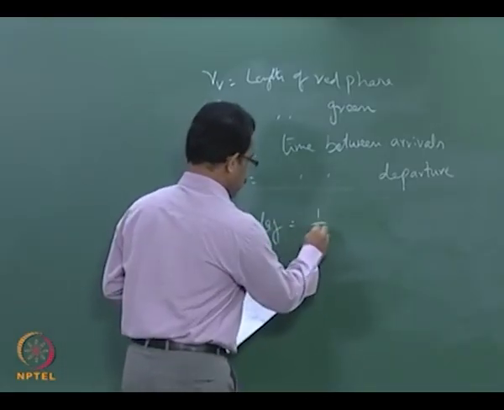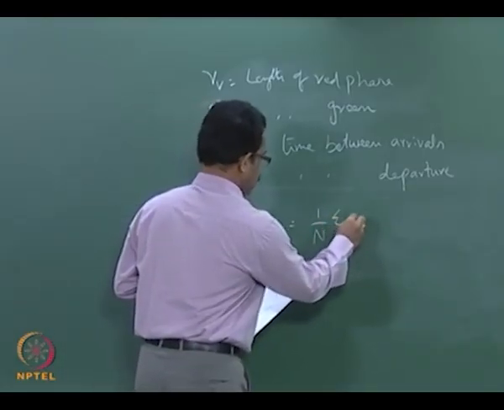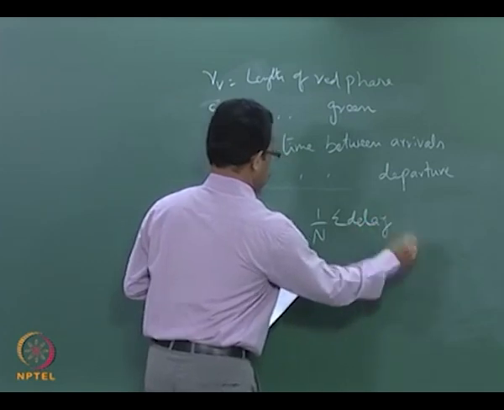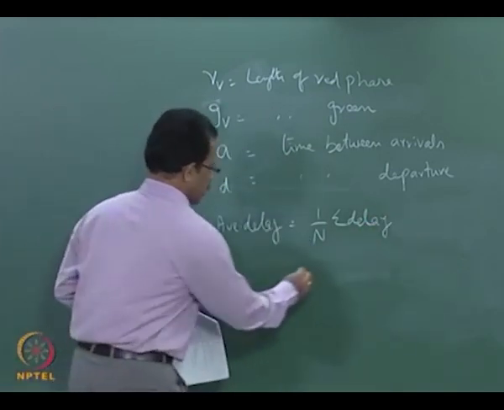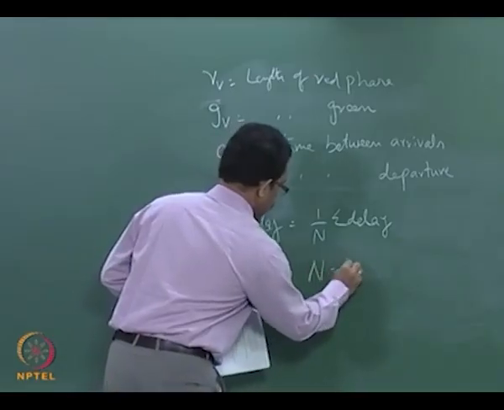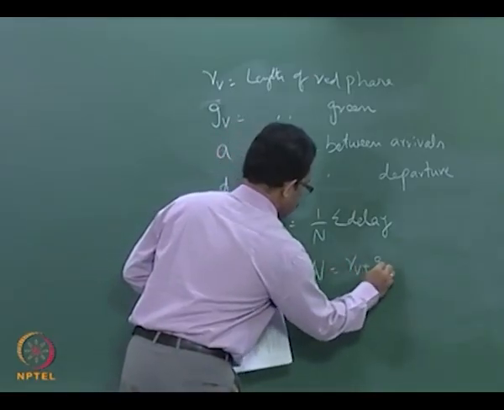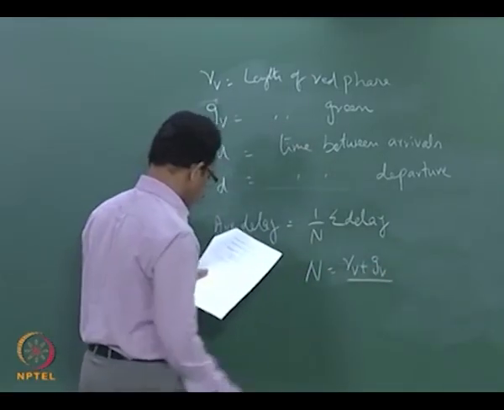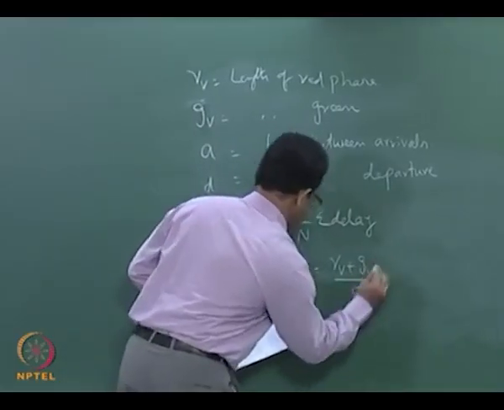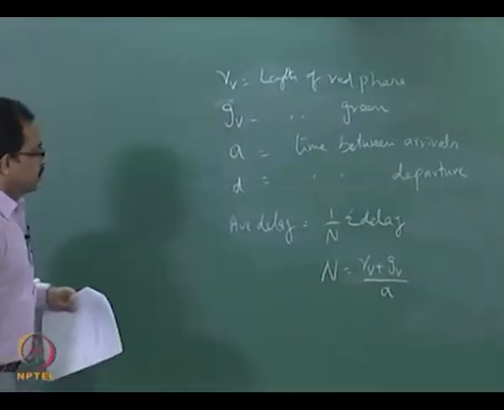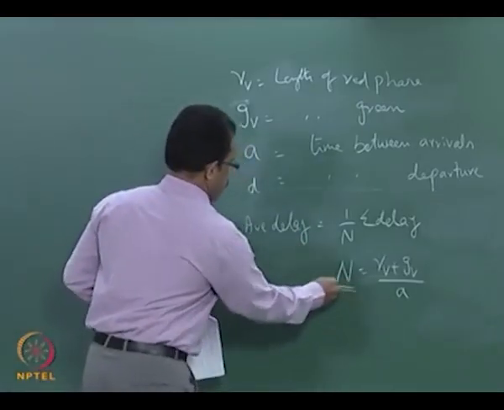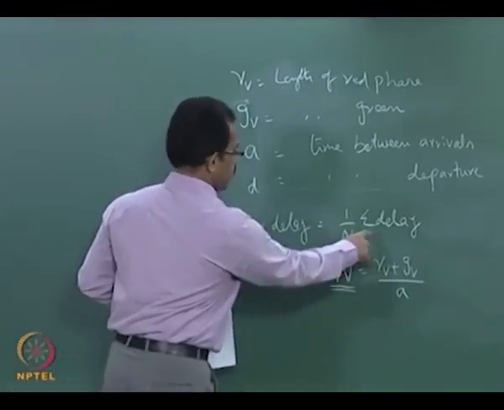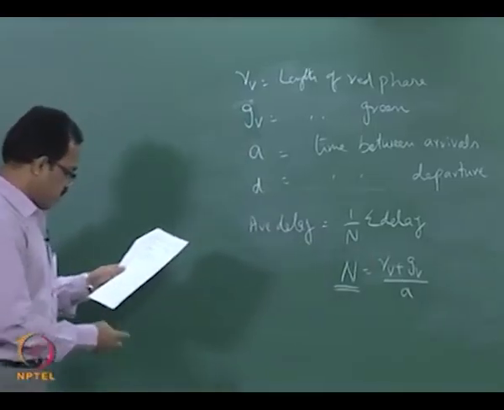Now if you want to find out the average delay, it is 1 over n sigma delay, that is the total delay divided by n, where n is the number of vehicles, which will be equal to RV plus GV divided by A. So RV plus GV divided by A will give you the number of vehicles, and that sigma delay over n will give you the average delay.